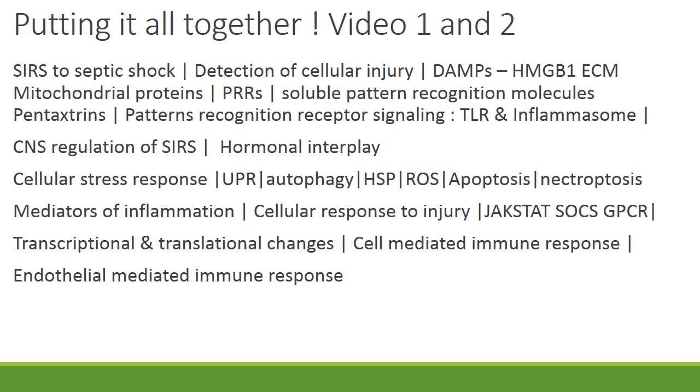There could be a heat shock protein response which mainly targets the unfolded proteins. The reactive oxygen species could come out, either apoptosis or necroptosis depending on the degree of damage that is being done to a cell. So this is how a cell will finally respond when it is facing a traumatic situation. We saw the various mediators of inflammation, the various cytokines, and I described them well in the slide, so I don't want to go over them again.